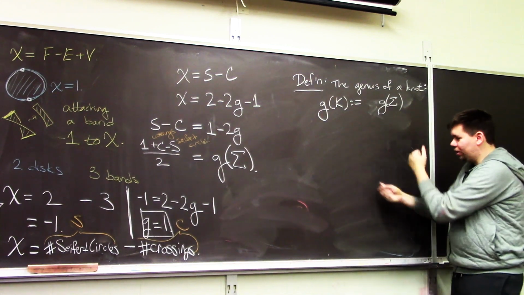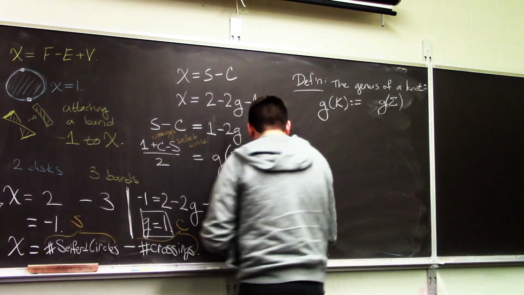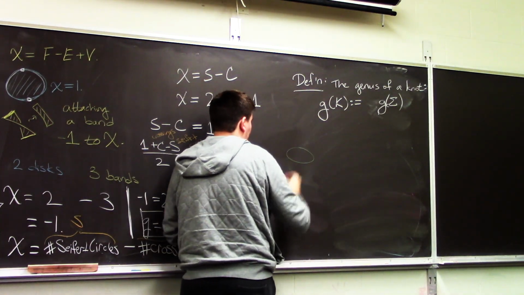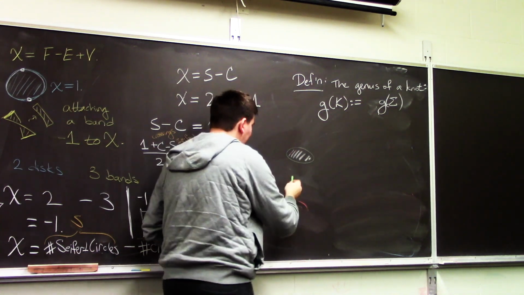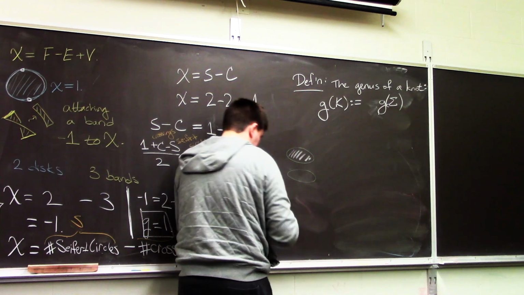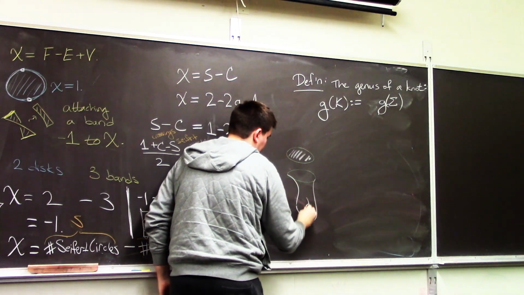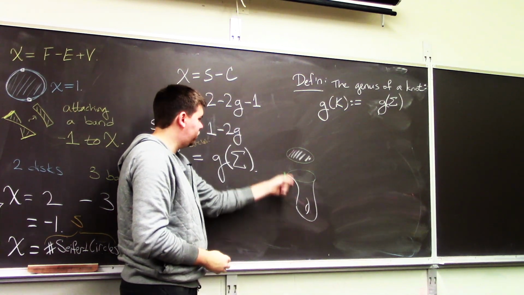As you distort your diagram, you can see this even with the unknot. The unknot bounds this disk, which has genus 0. But the unknot also bounds this other surface, the one that comes down and has a little donut thing going on. So the unknot bounds both these surfaces.